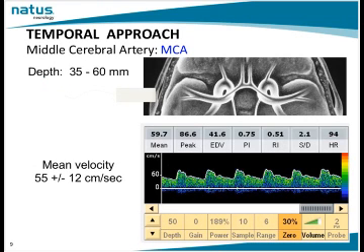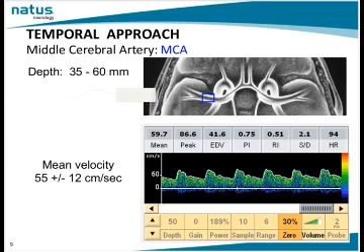Let's start with the transtemporal approach. We start on the middle cerebral artery. By the way, this is from Dr. Aaslid and Dr. Spencer's ways of teaching back when TCD began, so that's how we chose a starting depth of 50. It's from that literature. So we start at 50, and that puts us, as you can see with the little box there, right in the middle of the middle cerebral artery.